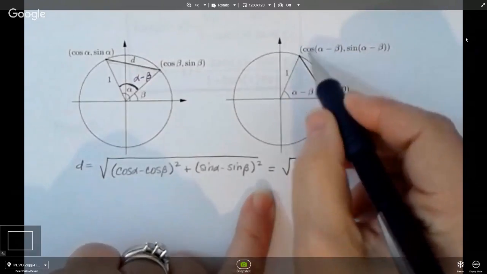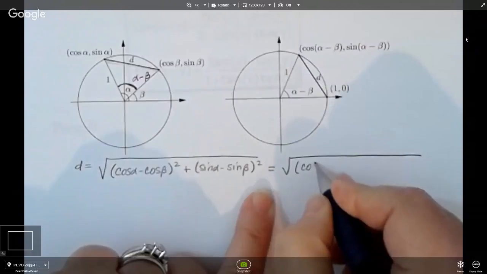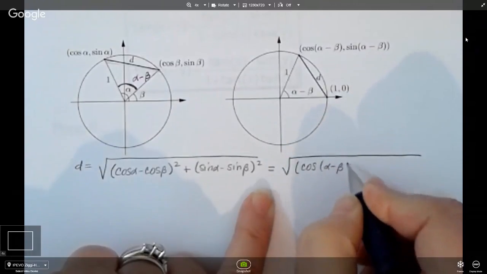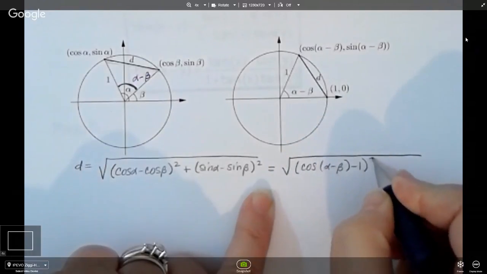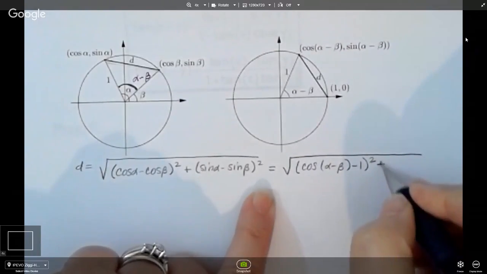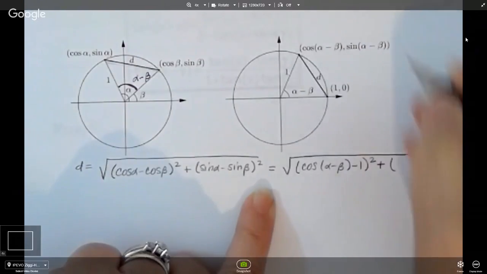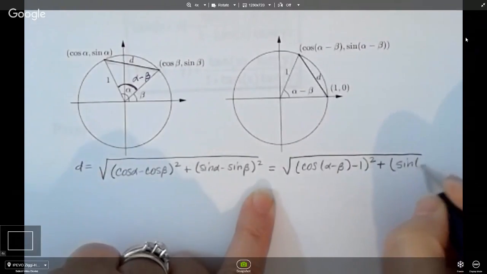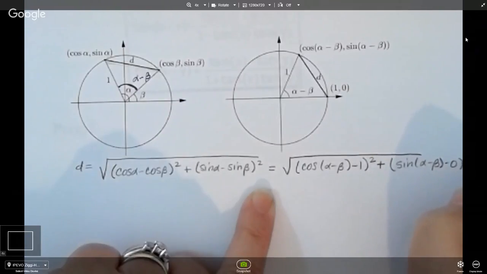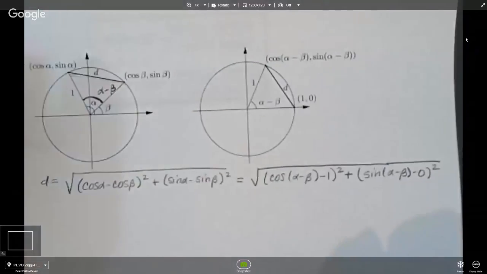Thus the distance between these two points would be the square root of cosine of alpha minus beta minus 1 quantity squared, because that's x2 minus x1 quantity squared, plus y2 minus y1 quantity squared, which would be sine of alpha minus beta minus 0 quantity squared. I'm running out of space over here, so I'll move that over. Okay.